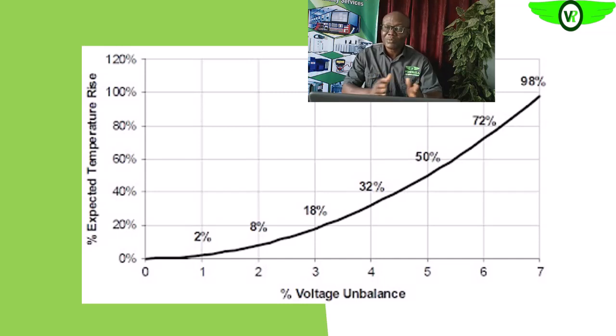Should not be more than 1%. Because of all of these effects that we are seeing on the screen, voltage unbalance is an undesirable event.